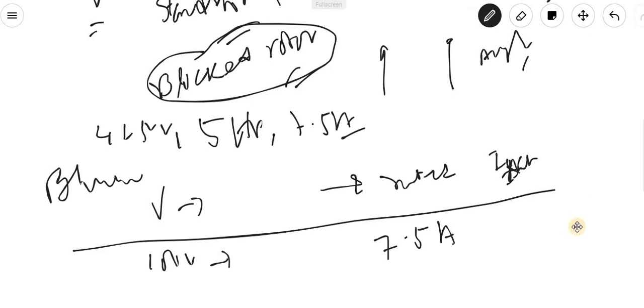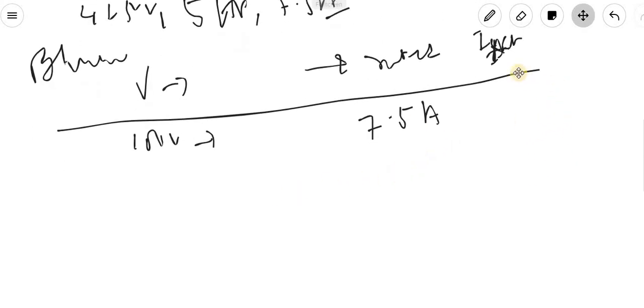Now what will be the short circuit current? Short circuit current will be for 415 volt.